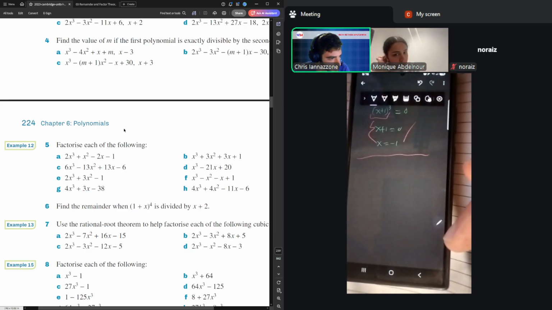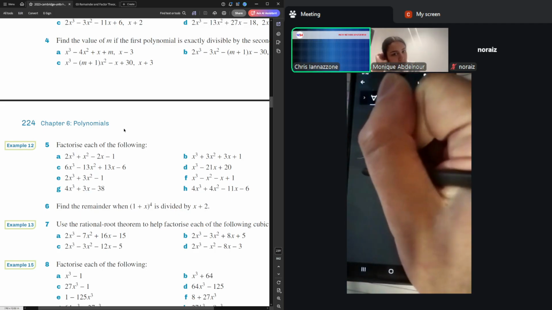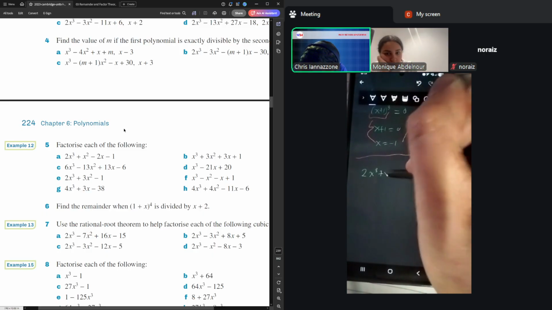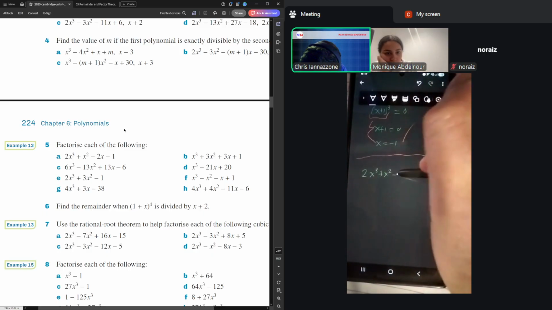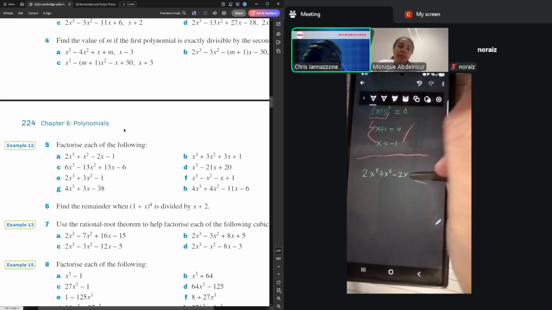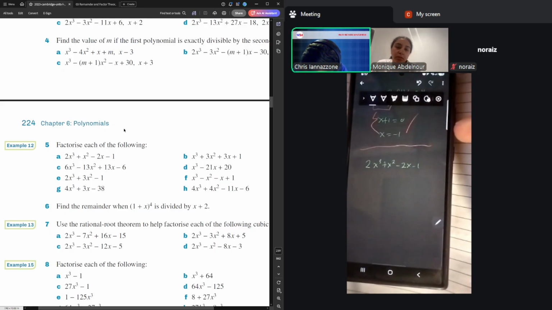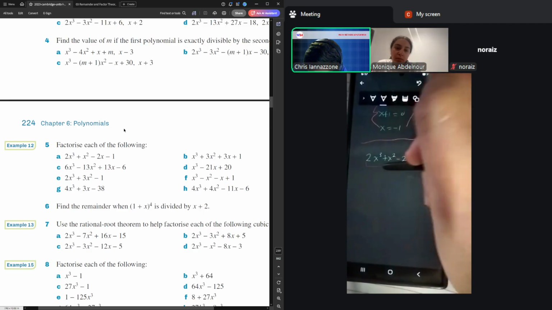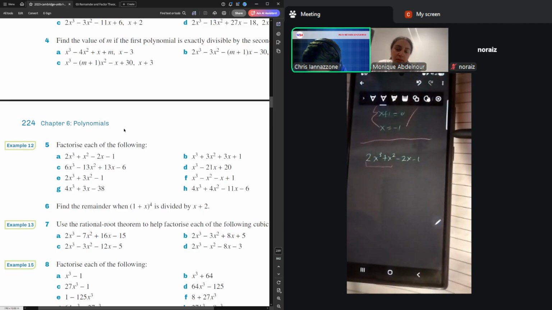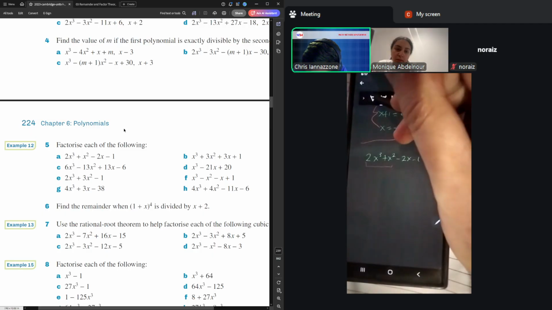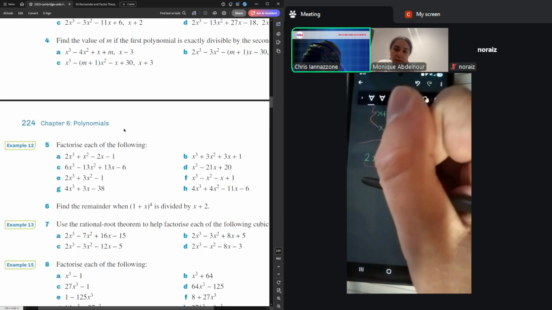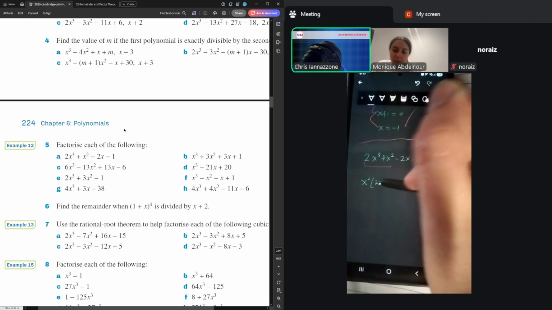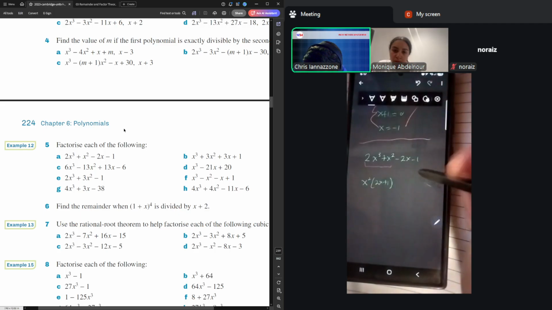So what I'm going to do is write this out in the handwritten notes section. 2x cubed plus x squared minus 2x minus 1. What you do when you identify a ratio like this is you look at the leading terms there and take as much out of it as you can. So in this case, x squared. You take x squared out of this, you've got 2x plus 1 left over.